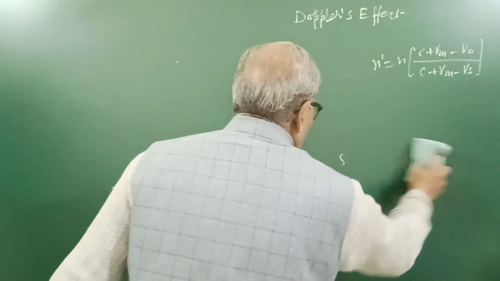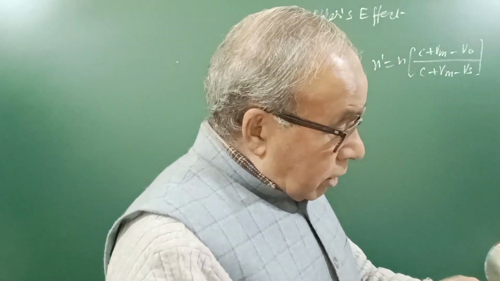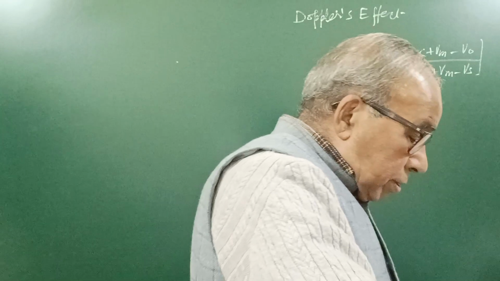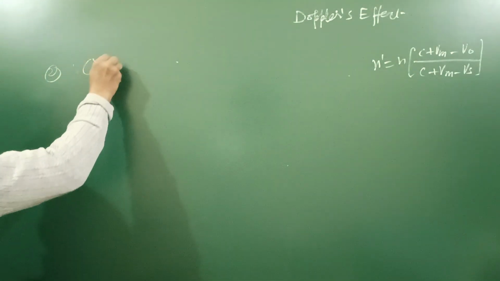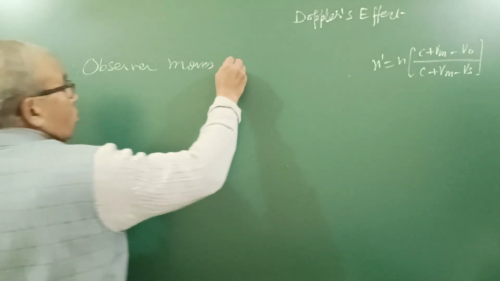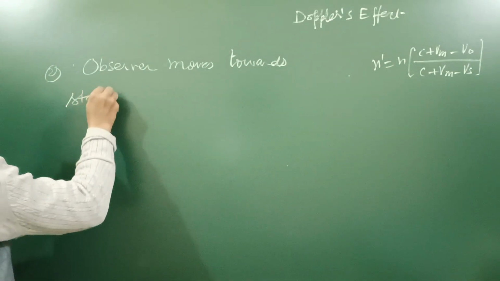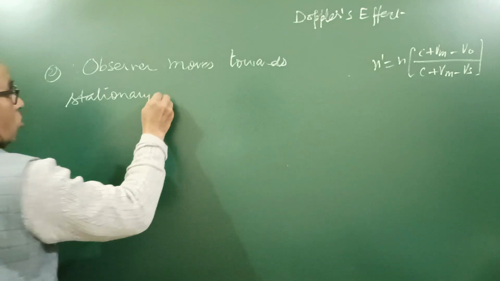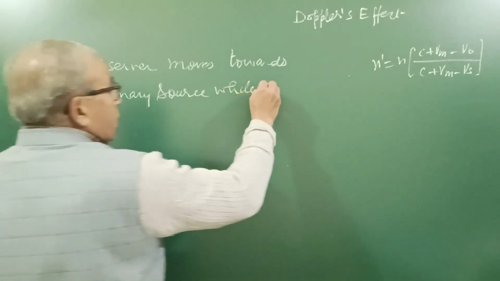Now number 2: the observer moves towards a stationary source, while the medium is at rest.